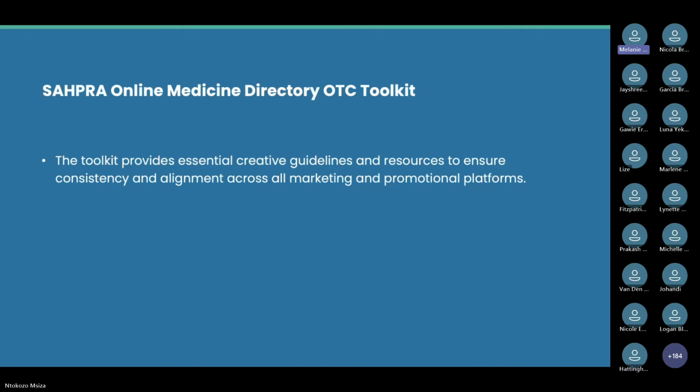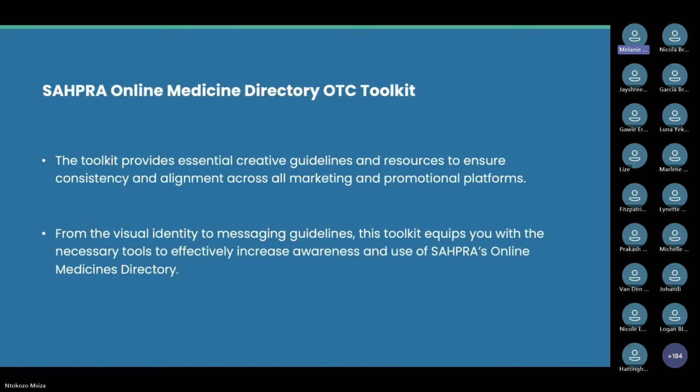And we need that so that when users, or any type of consumer or healthcare professional, access or view it, there's consistency and awareness of what the OTC online directory is. We're also providing you with a visual identity and messaging guidelines. So this will allow you to have the necessary tools to increase the awareness of this directory.